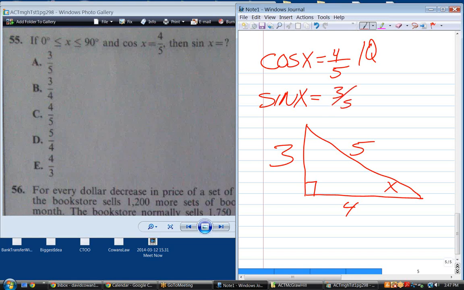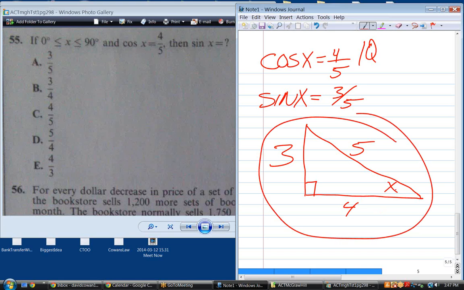Right. Notice you could give me any of the 6 trig functions at this point. Once they've given you this, that allows you to mention 2 out of the 3 sides. You can always dimension the third side using the Pythagorean theorem. Once you have the full triangle dimensioned, you can tell me what the tangent of x is, the cosecant of x, anything.